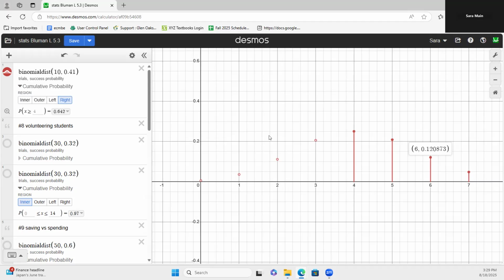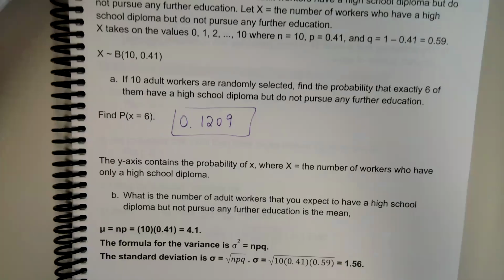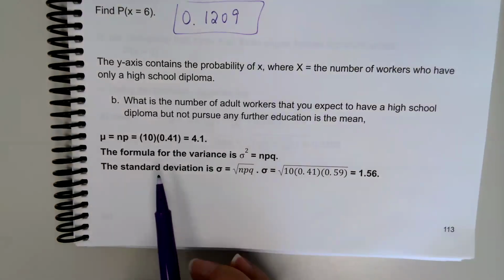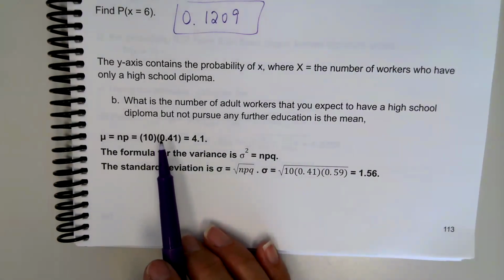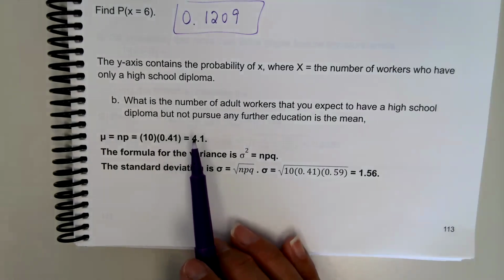And if you look at B, it says, what is the number of adult workers that you expect to have a high school diploma but not pursue any further education is the mean. So let's go back to our course pack here. So the mean is calculated as N times P. There's 10 workers and a 41% likelihood that they did not pursue any further education.